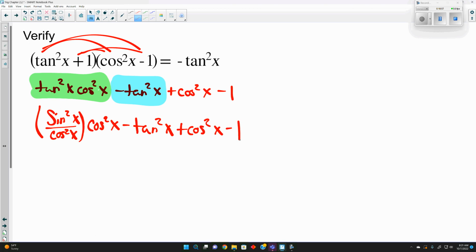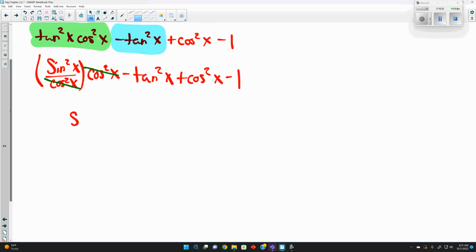Let's see what happens. Well, hey, those would cancel out, yes? Because we would have sine squared times cosine squared over cosine squared. Cosine squared over cosine squared would cancel, leaving us with sine squared of x, yes?